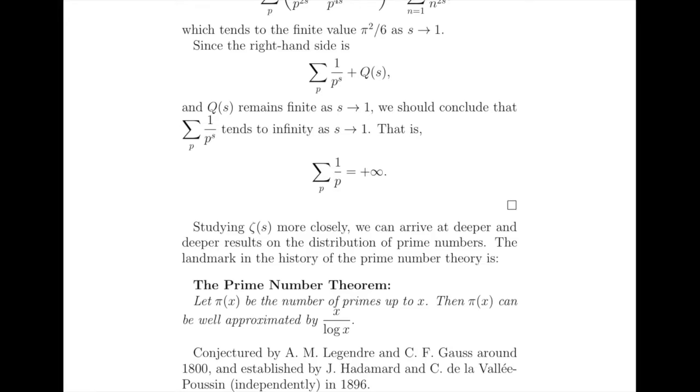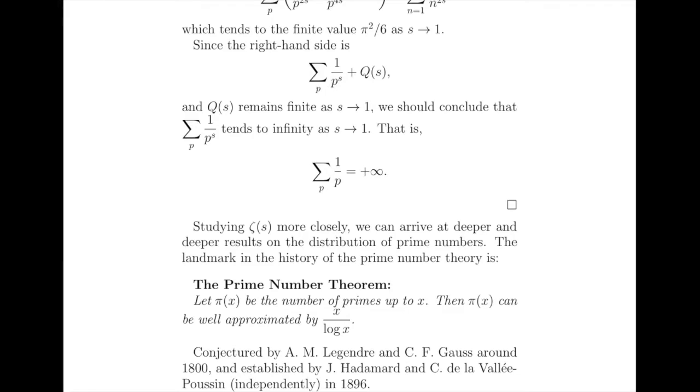So now we can understand that by using the properties of the zeta function, we can show some deep properties of prime numbers. And actually, studying the zeta function more closely, we can obtain deeper and deeper results in the distribution of prime numbers.